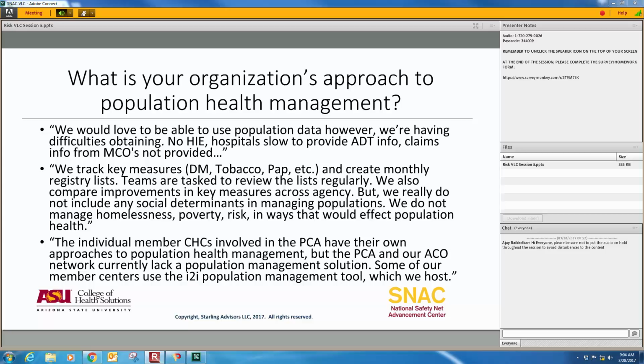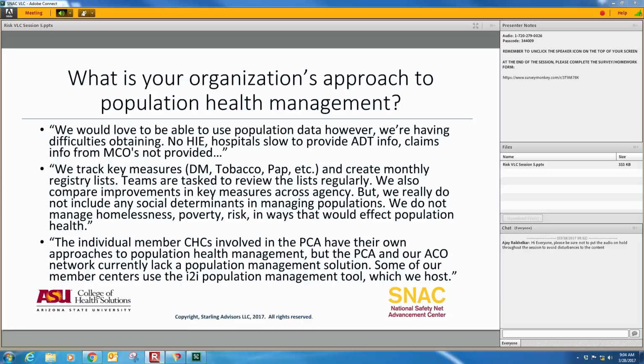But as many of us are facing some real challenges in getting social determinants and social acuity issues factored into some of that as a means of trying to manage those populations and identify some core interventions. And so I think that's an ongoing challenge that folks can relate to as well.